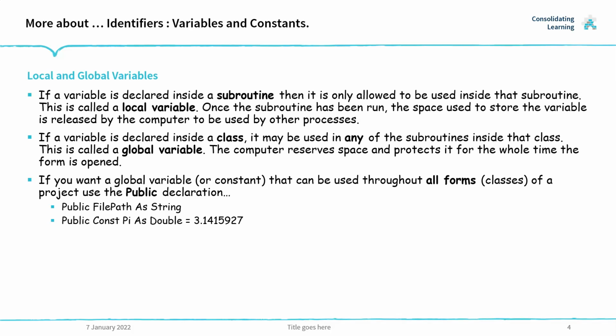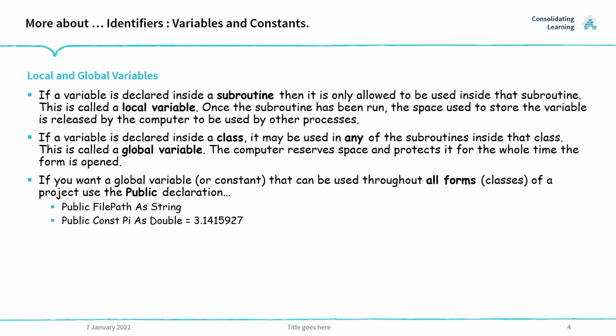Once that subroutine has been run, the space used to store that variable is released by the computer to be used by other processes. If a variable is declared inside a class, so for example, inside that form, it may be used in any of the subroutines inside that class. This is called a global variable. The computer reserves that space and protects it for the whole time that form is open.